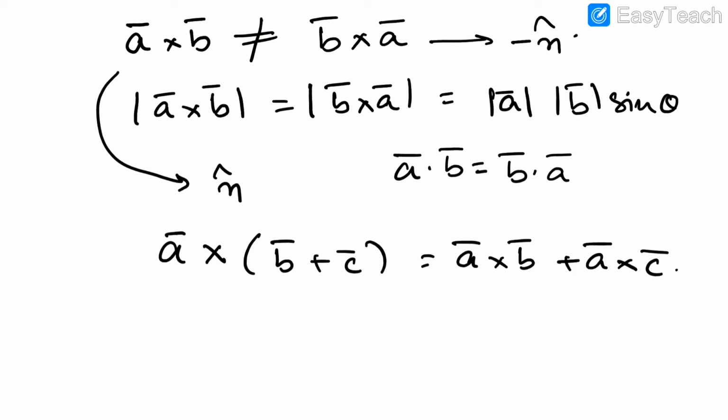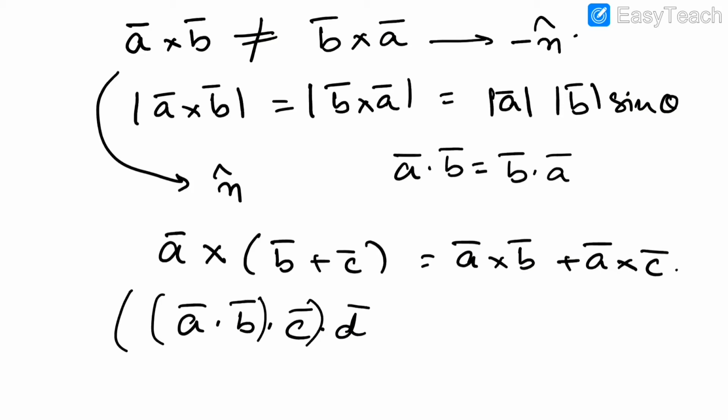And since we are getting a vector, we can keep on multiplying more and more vectors one after another. For example, we can't write A dot B dot C dot D, even if we give brackets so that this is done first and then this. Why? Because once you do any dot product, it will become a scalar.